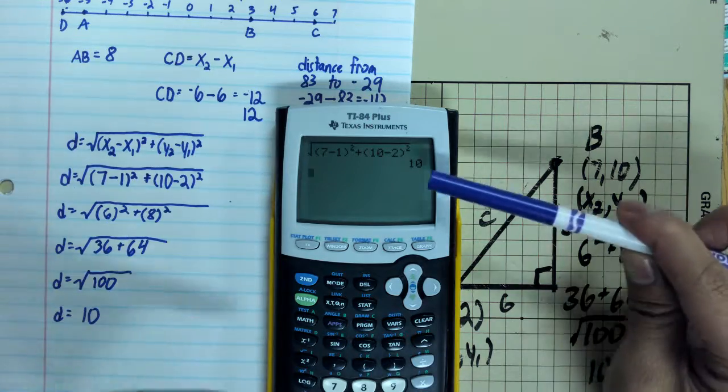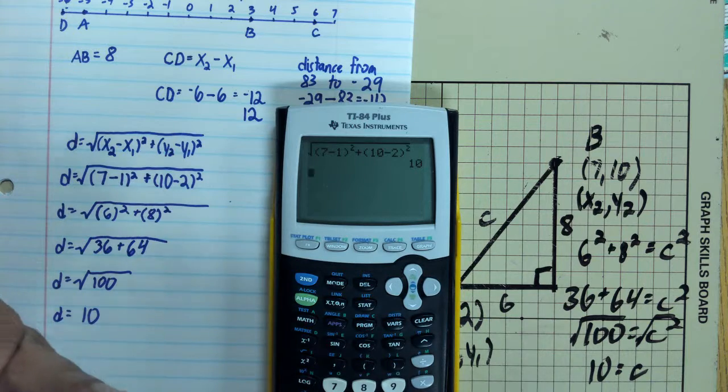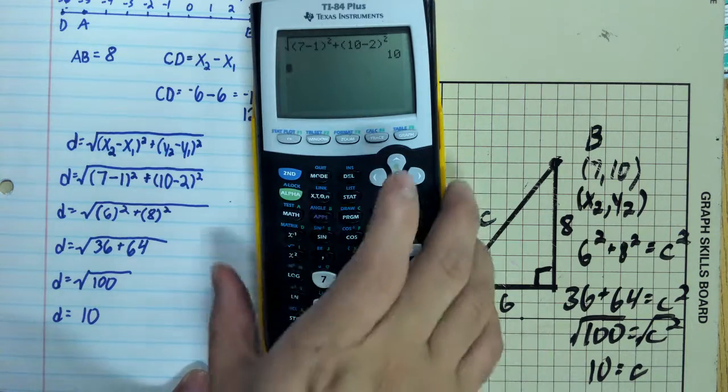So when you're typing on the calculator, key things to watch out for are your parentheses and your negative signs. Please, please, please do not confuse a negative sign with a minus sign. If your equation ends up having something like minus a negative or plus a negative, I want you to still type them out.